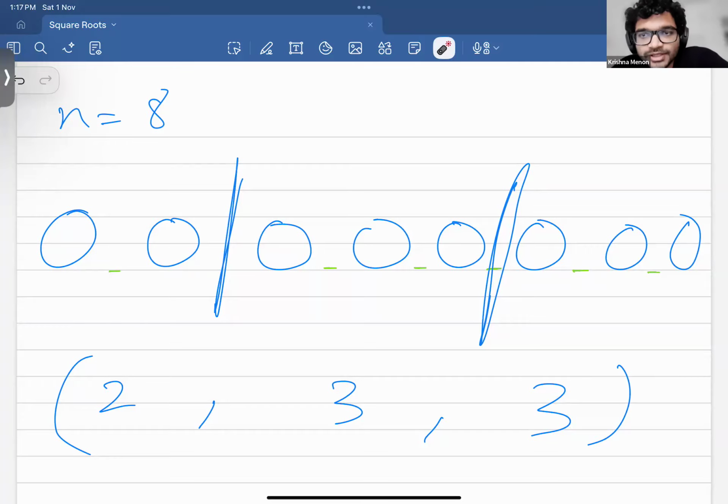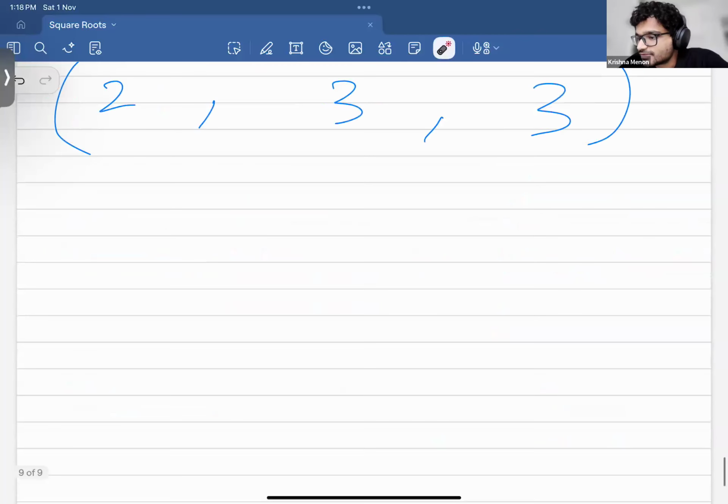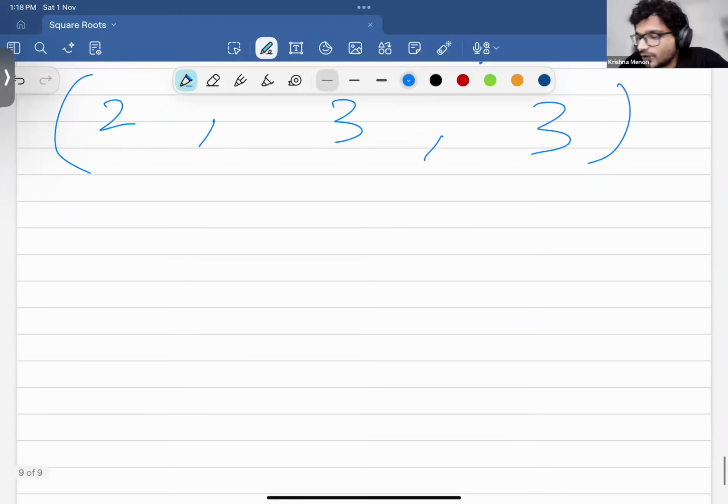So is there anyone who does not agree with this or has questions about this? Okay. So if there are no questions, I'll just write down again finally what all this has proved.